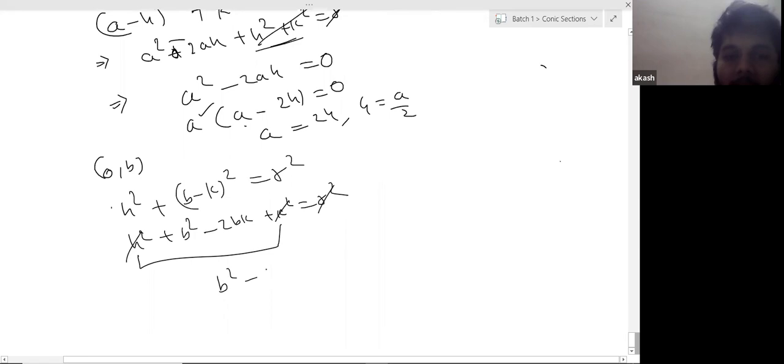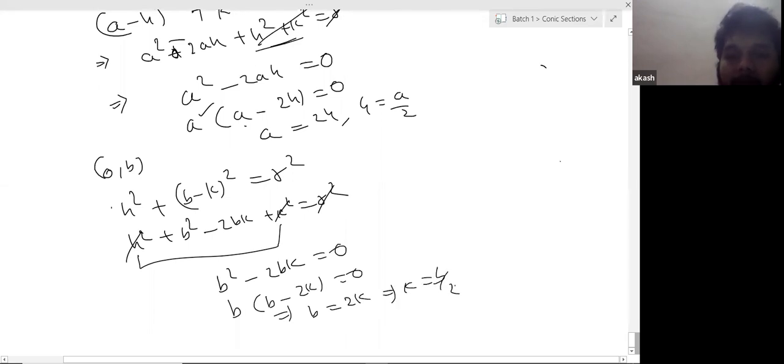That means b square minus 2bk equals 0. Taking b common, b minus 2k equals 0. That means b equals 2k, so k equals b by 2. Now you can put the values of h and k and you will have your answers. All right, Gautam.